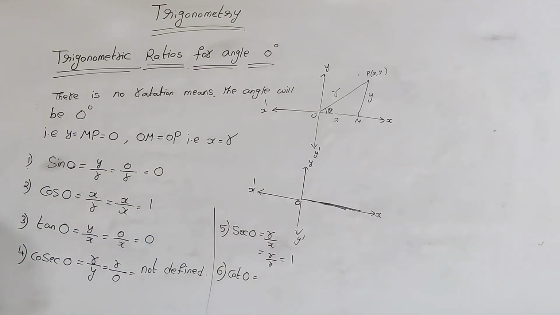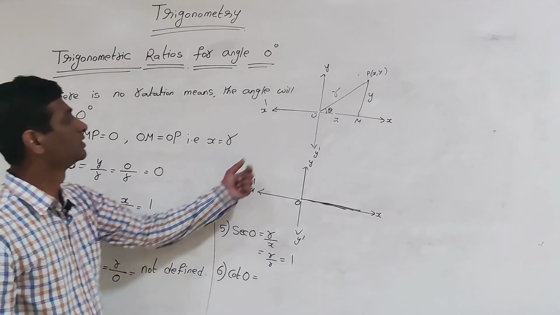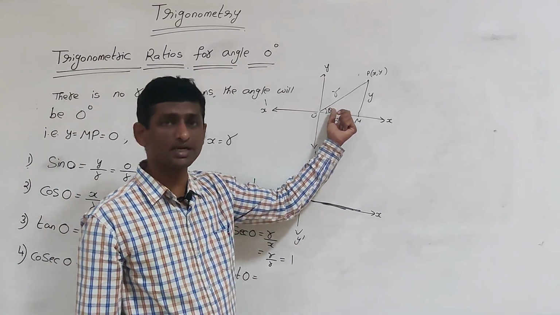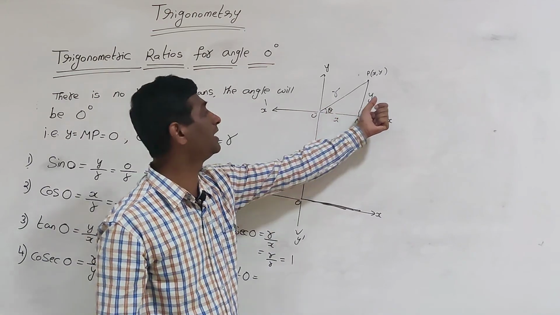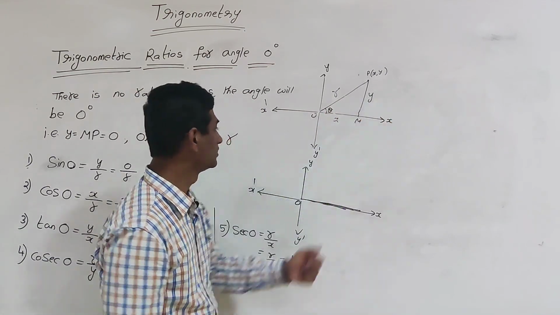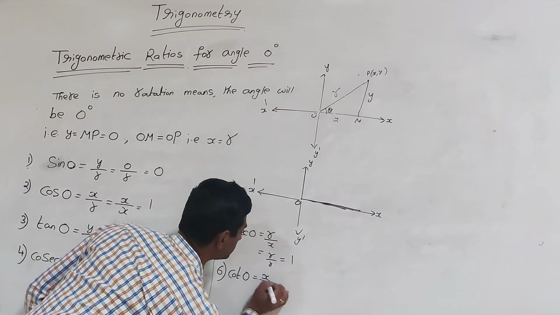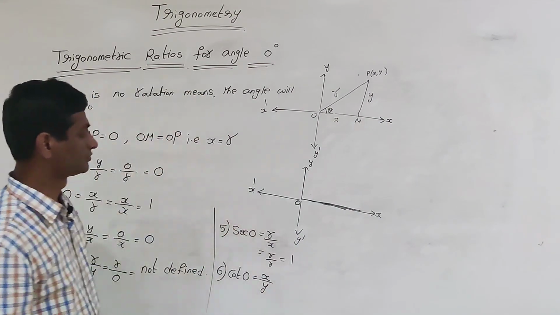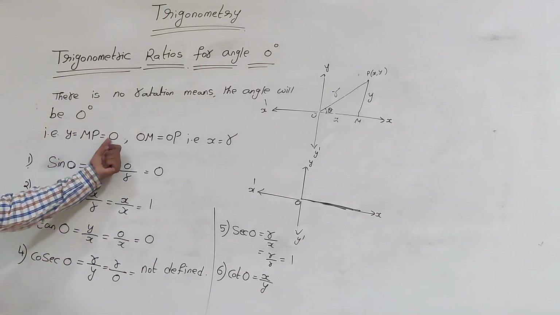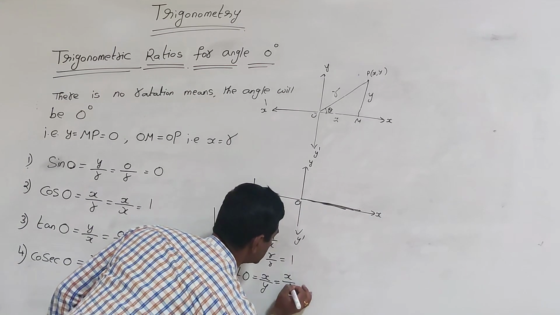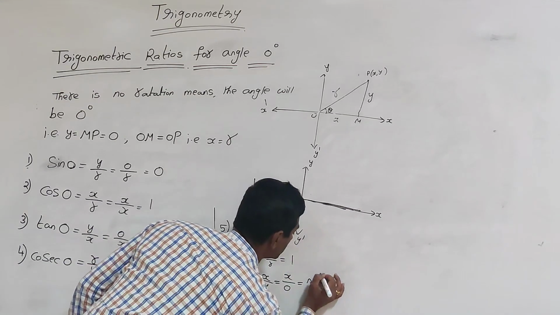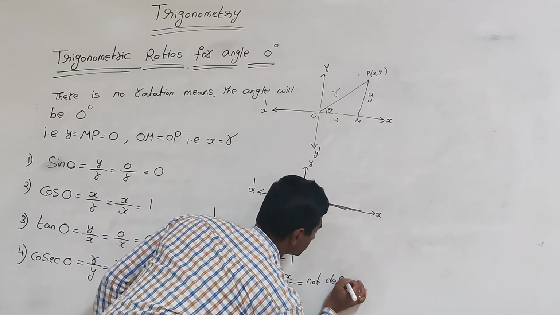As per the definition of the standard notation, cot theta is adjacent side of theta by opposite side, that is x by y. But what is the value of y? 0. So x by 0 is again not defined.